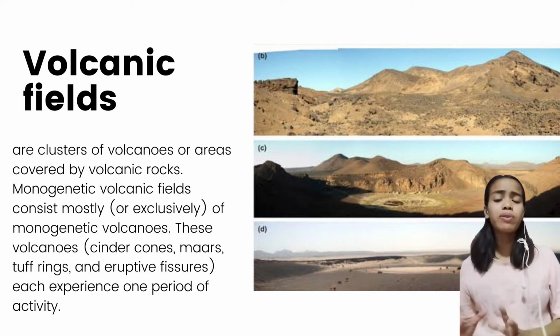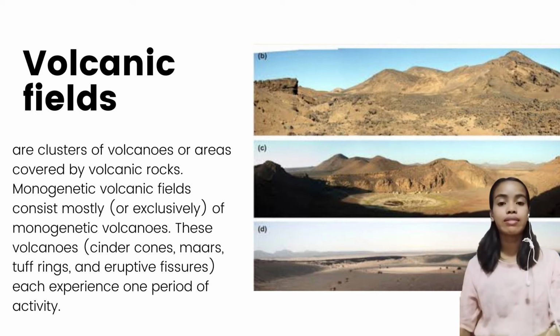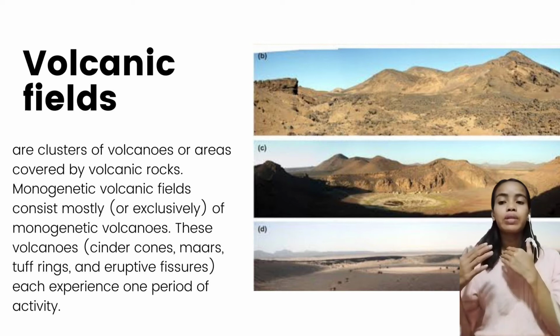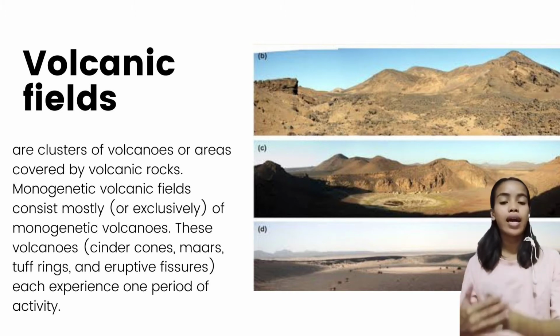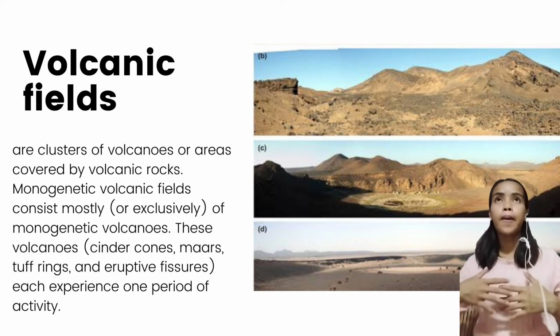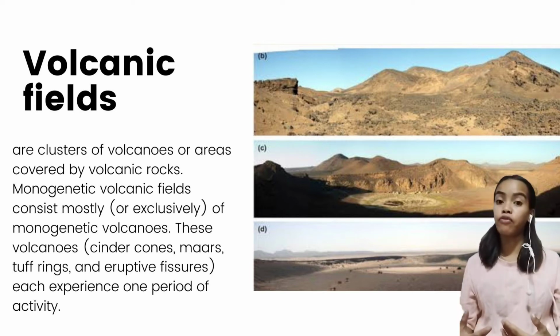So when we say volcanic fields, just like for example here in the picture, this is one area only. So in this area, it experiences a lot of types of volcanoes.